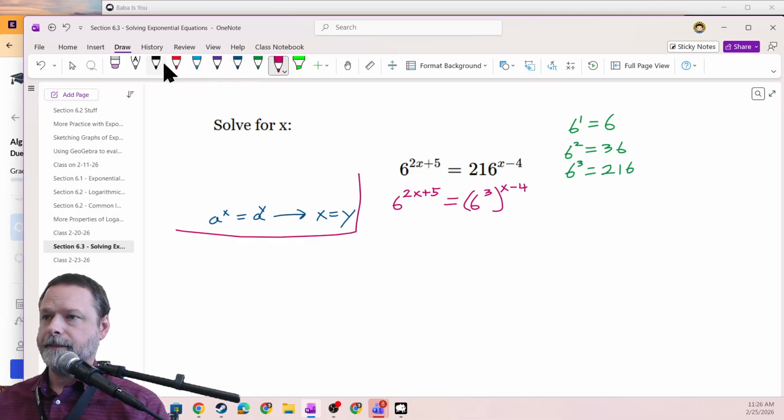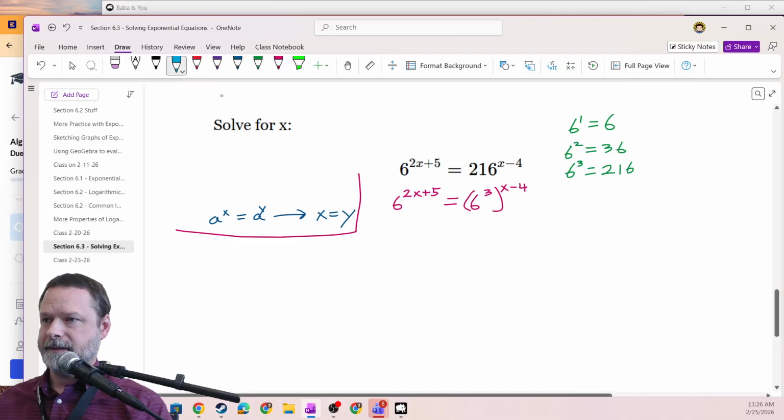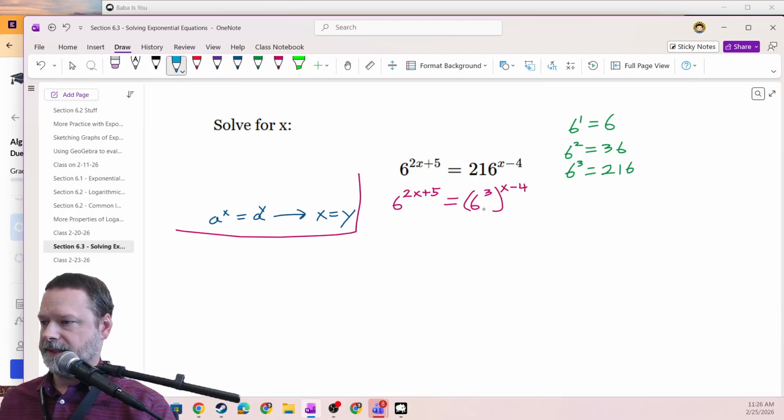Now that I have done that, I almost have just 6 to something. There, I got 6 to something to something. Let's fix that. A power raised to a power, we have a property for that: you multiply the exponents.